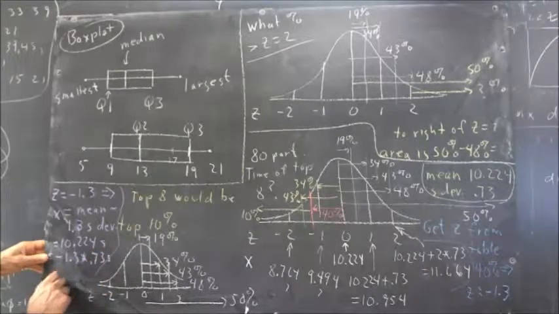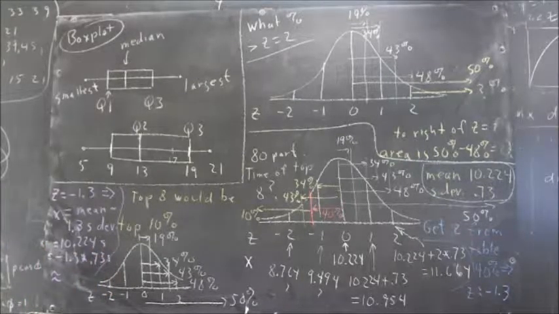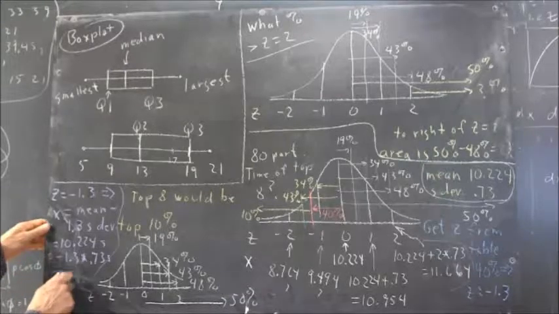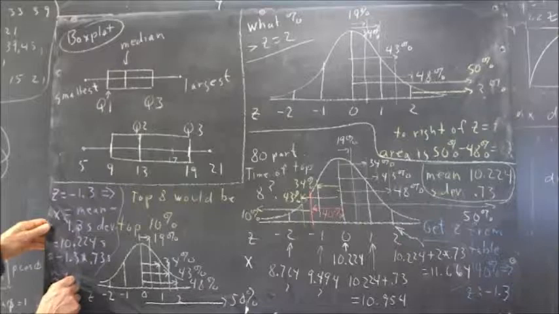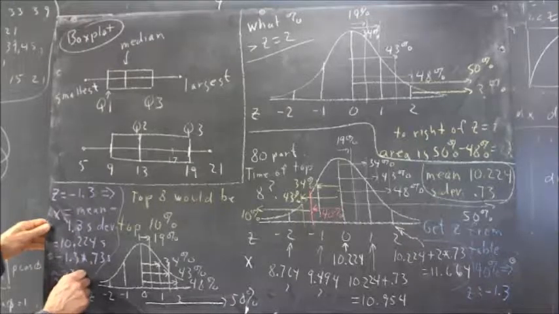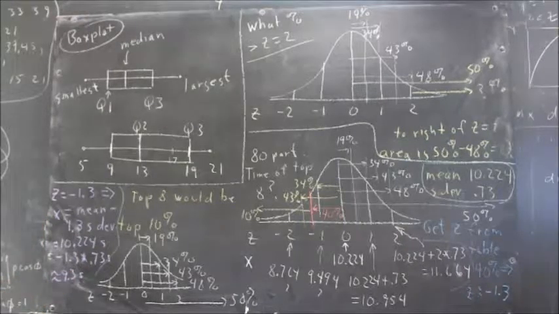And that's going to be pretty close to, well, let's see, 1.3 times 0.7 would be 0.91, be about 0.94. It's going to be around 9.3 seconds.